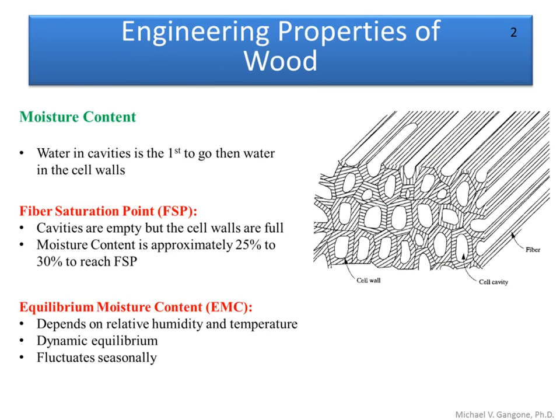So if we have 40 degrees and 50% relative humidity, that moisture content is going to bump around, and eventually it's going to start to settle out, and it's going to settle at 15% moisture.